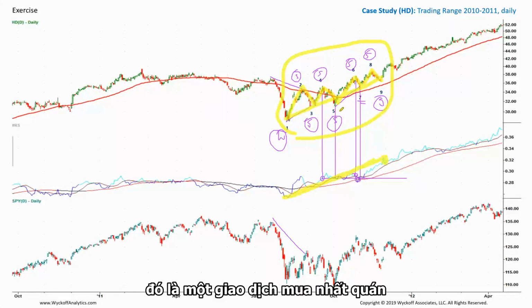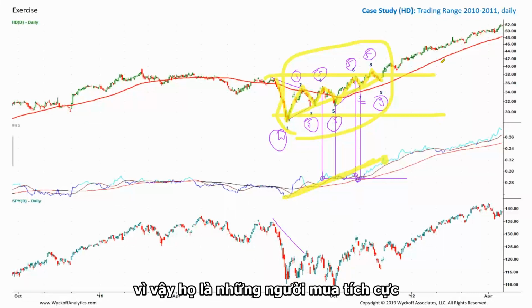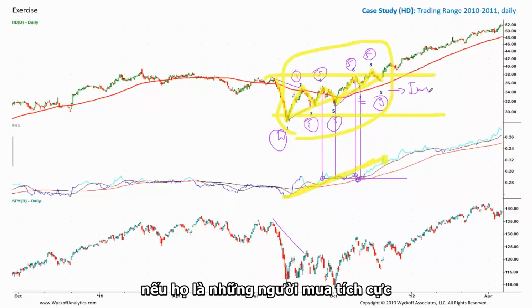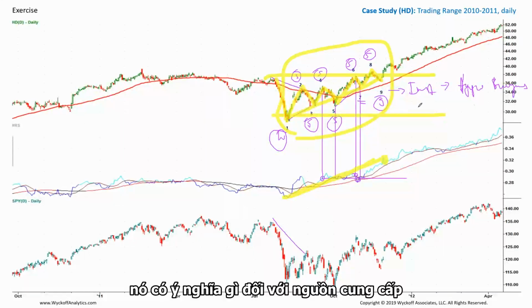It's consistent buying, probably also on the way down in this zone, which looks like a value zone. So they are aggressive buyers. If institutions are aggressive buyers, what does it mean for the supply?